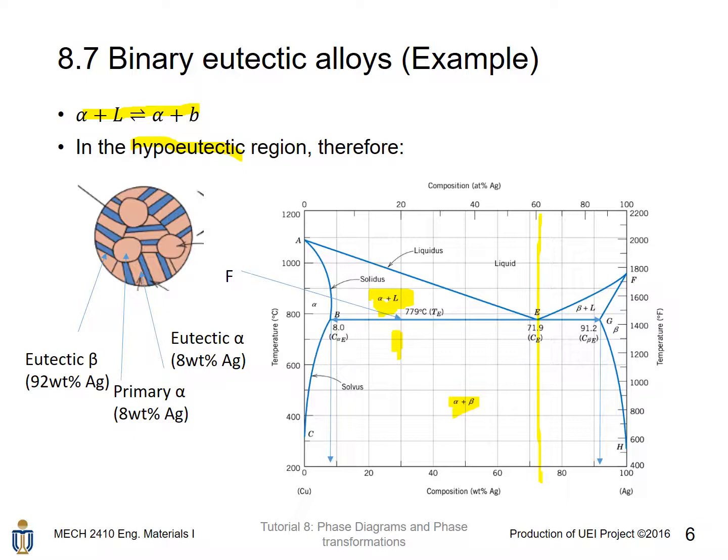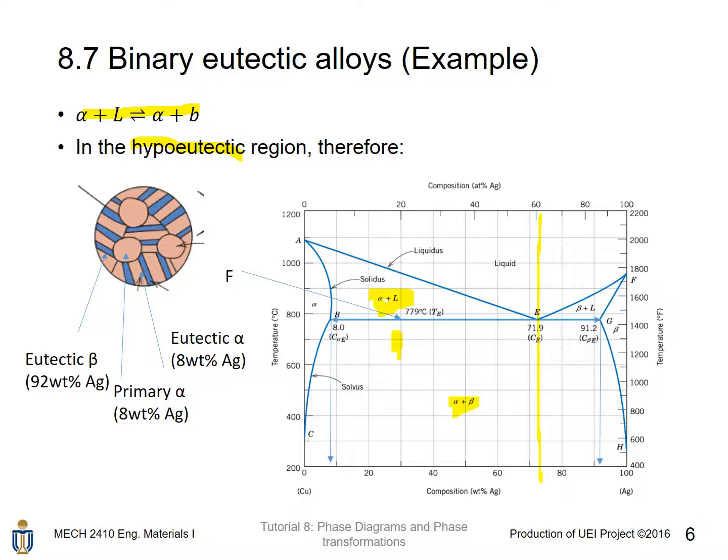The eutectic alpha will use the same tie line because the question specifies just after passing through F, at a point just below F. That means we still need to draw a tie line to determine the silver percentage composition of the eutectic alpha and eutectic beta.